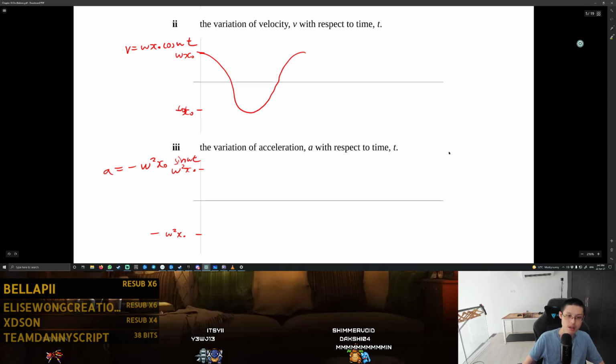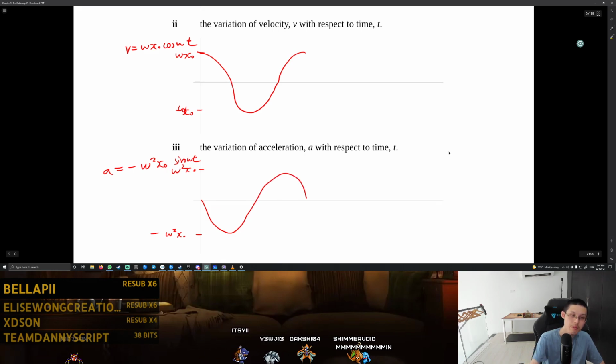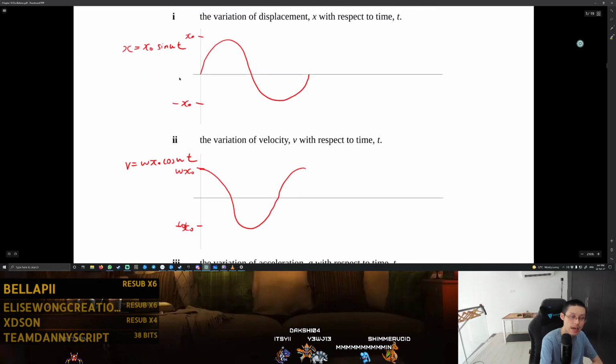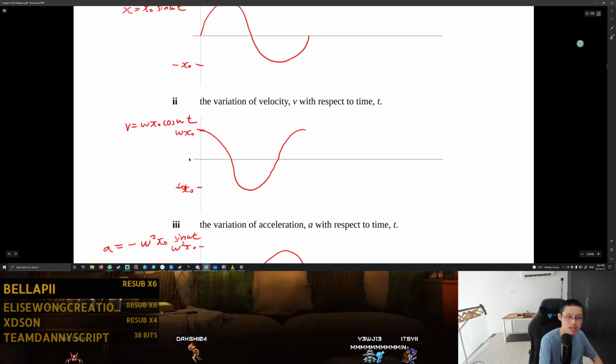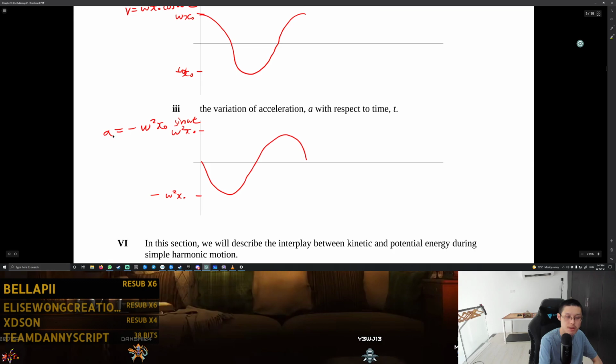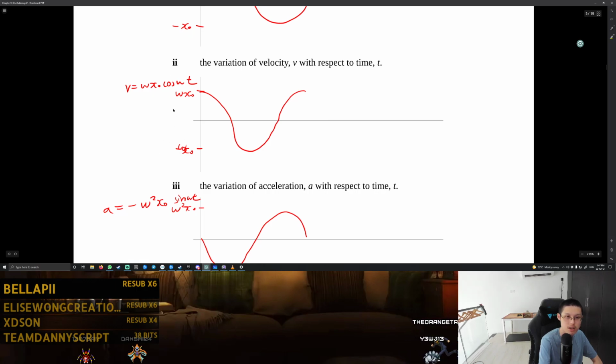So this would be a negative sine graph, which means it should look something like this. Notice that the amplitudes are not just x naught. X naught is the amplitude, which refers to the maximum displacement, but the maximum velocity is actually omega x naught, and the maximum acceleration is omega squared x naught.